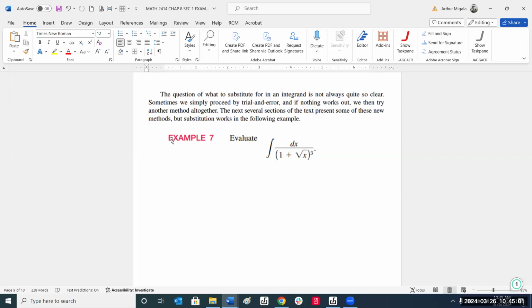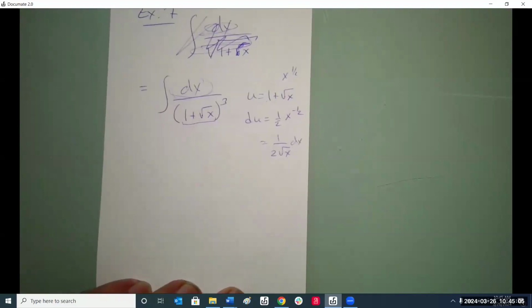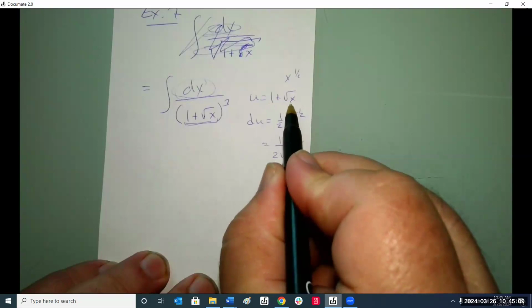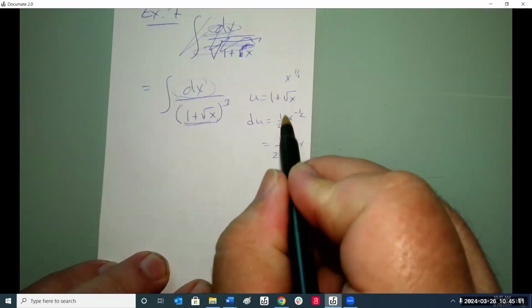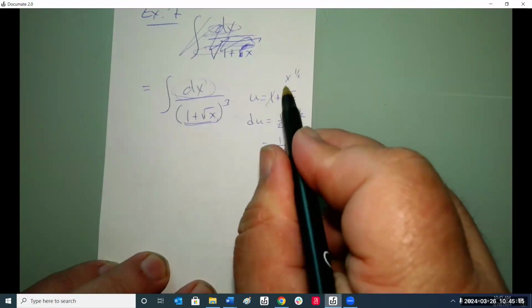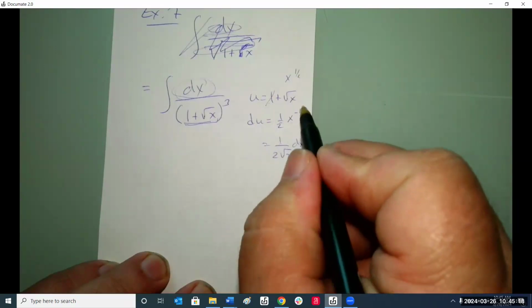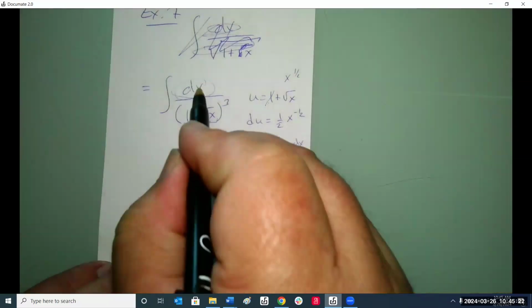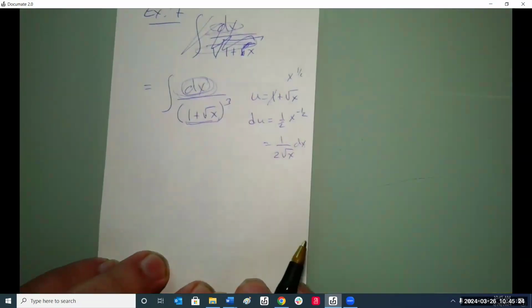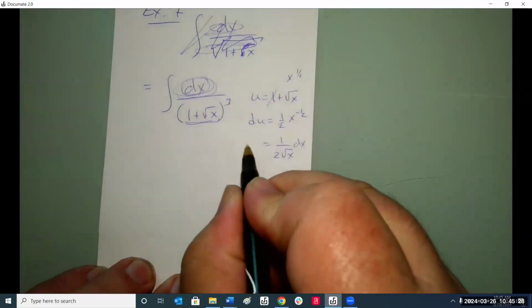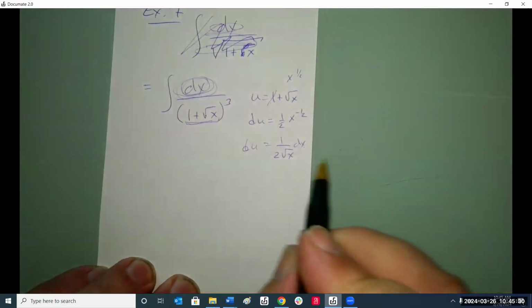So I'm using this as my u, 1 plus radical x. The derivative of that is the 1 goes to 0, and the derivative of x to the power 1/2 is 1/2 x to the power negative 1/2 dx. We need to have a dx for the top. We have to figure out what that's going to be. So we know that du equals that.